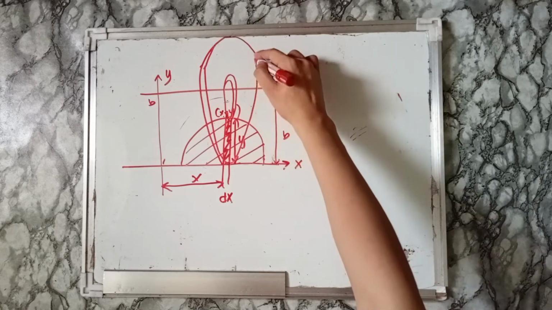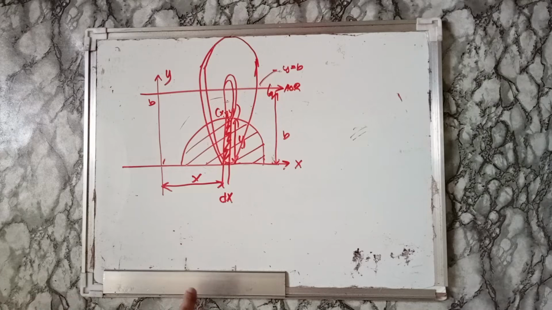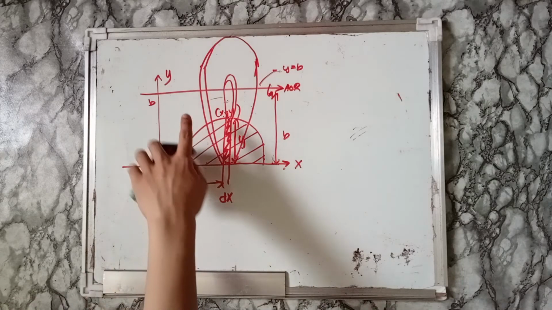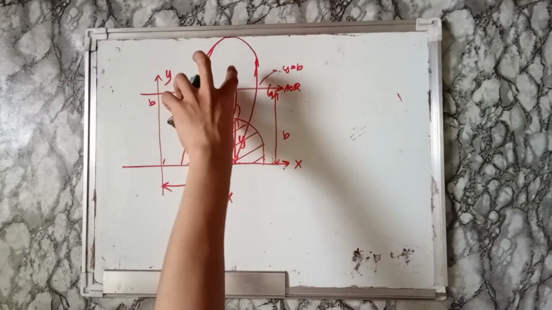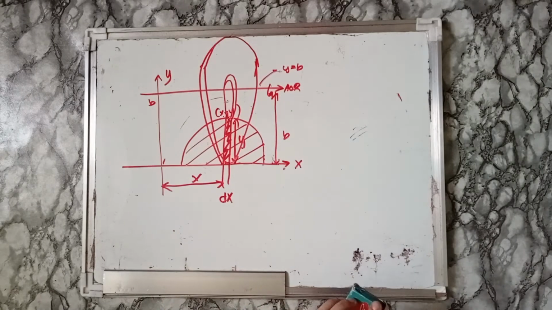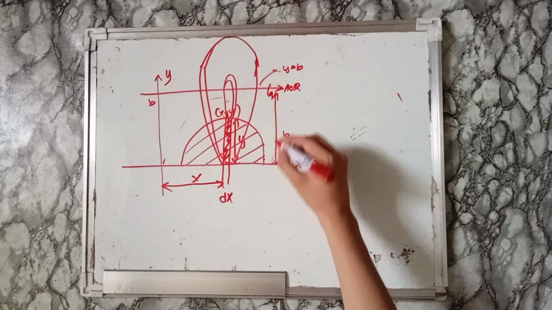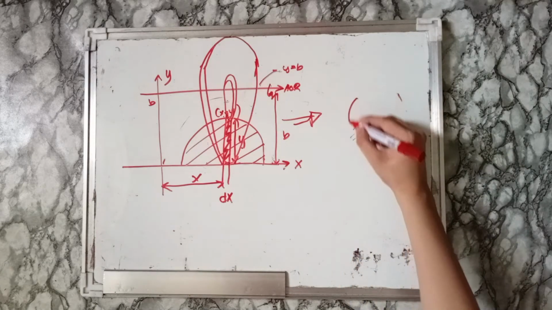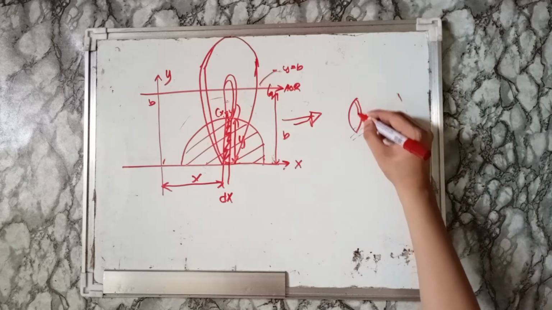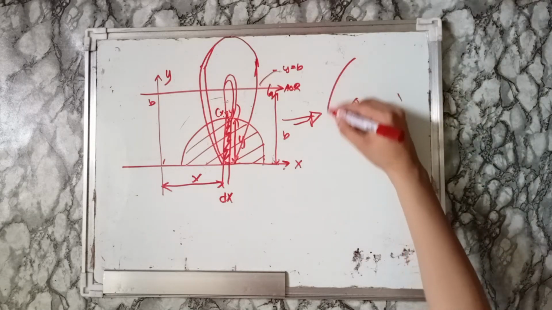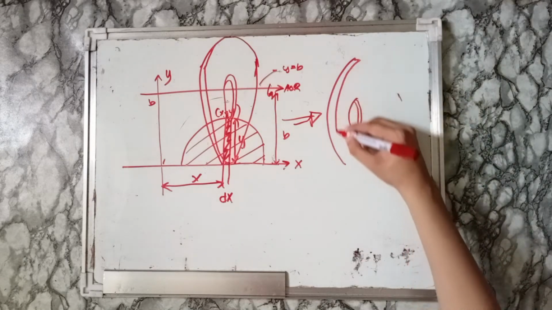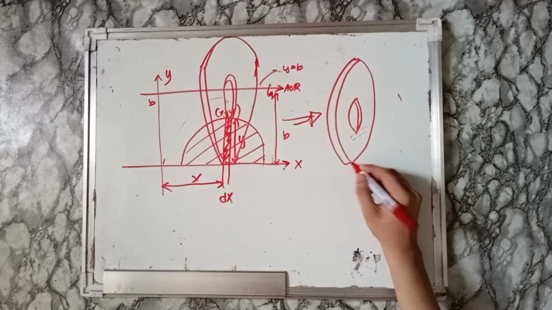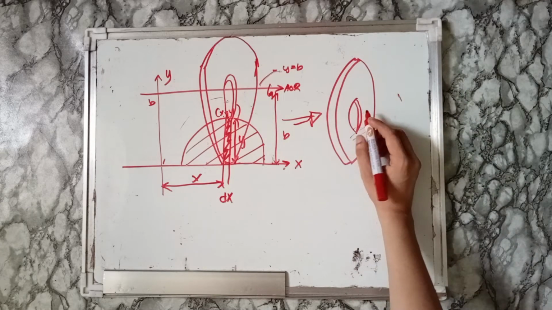So this is just something like this. So as you can see, this is just a disc method with a hole in the inside, right? Now let me rewrite it in here. So this is just a disc method with a hole in the inside, right?